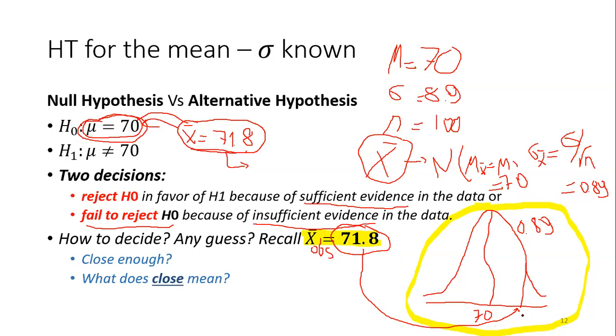Let me change the color, 71.8. Or in other words, let's try to understand whether this value in this probability distribution is an extreme value or not.